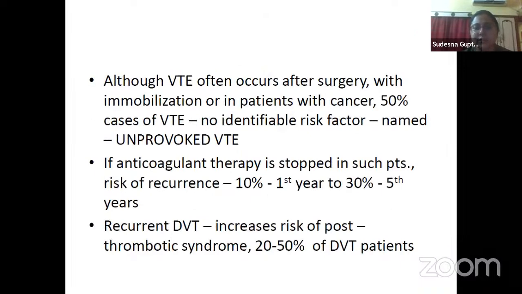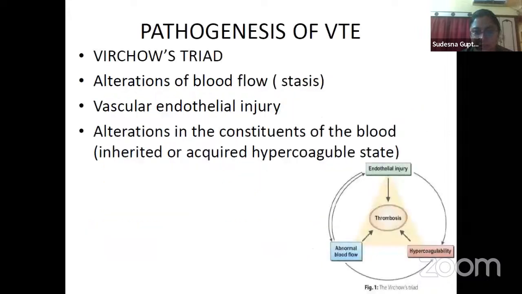Although thromboembolism occurs after surgery, or with risk factors like immobilization and cancer, in 50% of cases there is no identifiable risk factor. They are termed unprovoked VTE. If anticoagulant is stopped, then the risk of recurrence is pretty high in such patients.